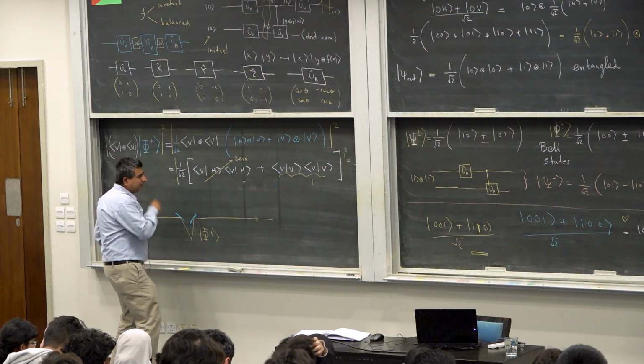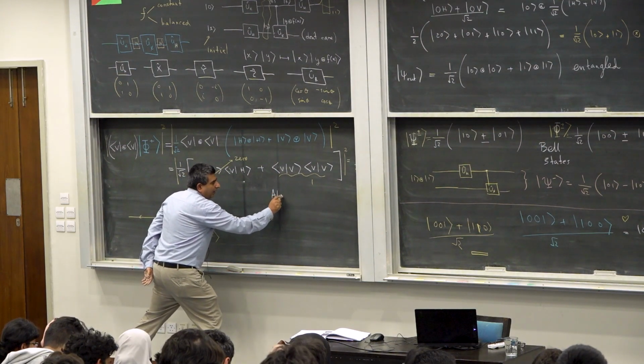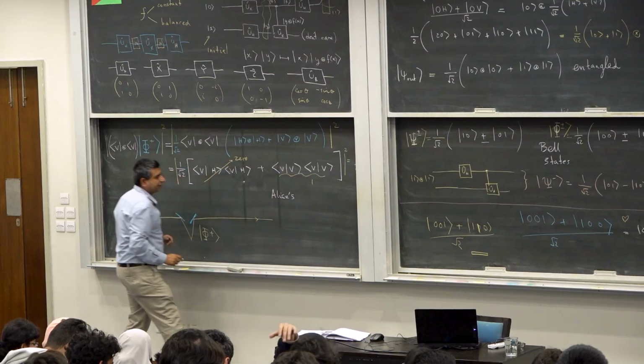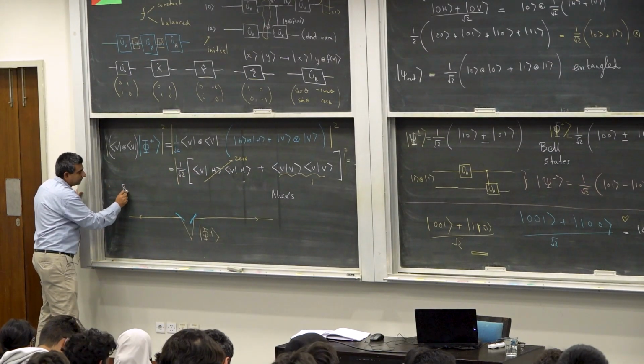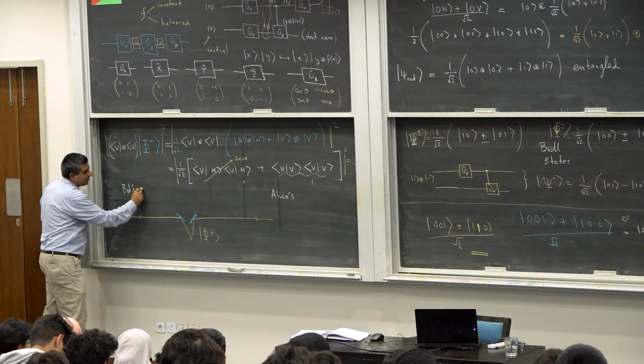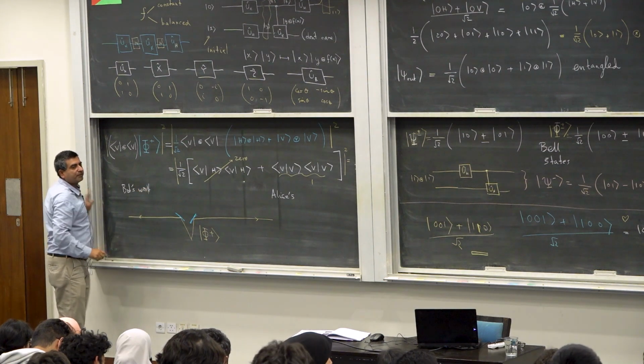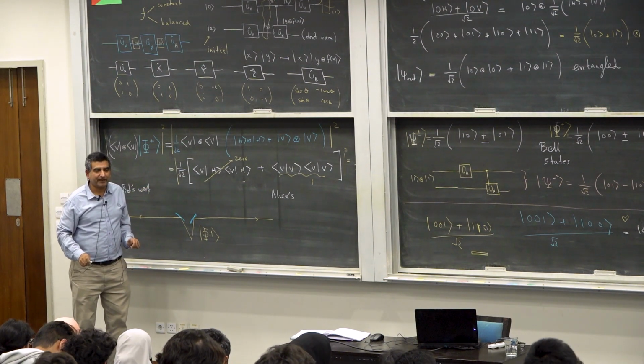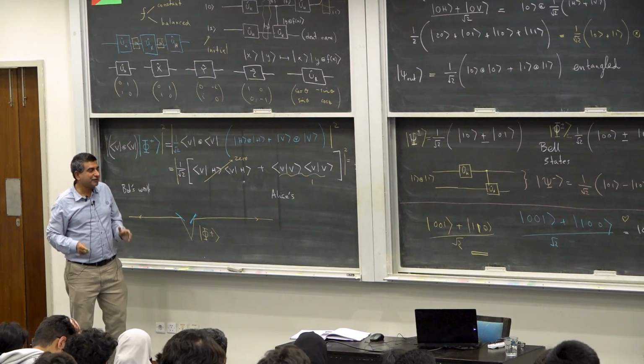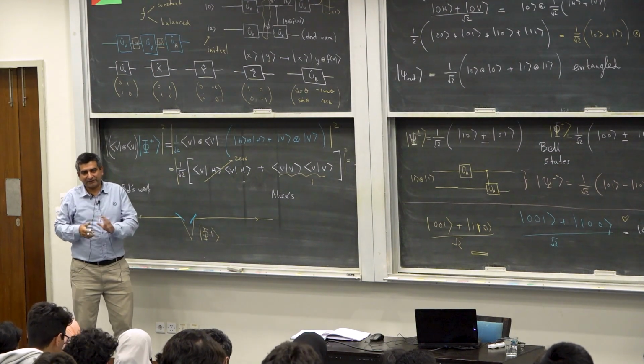And now this is Alice's world, this is Bob's world. And Alice and Bob decide that they can choose between two different kinds of measuring devices.